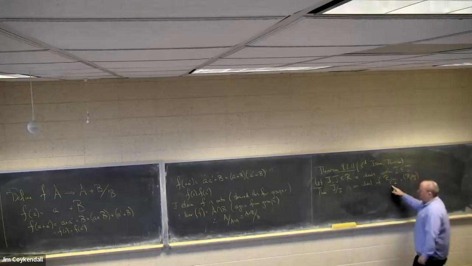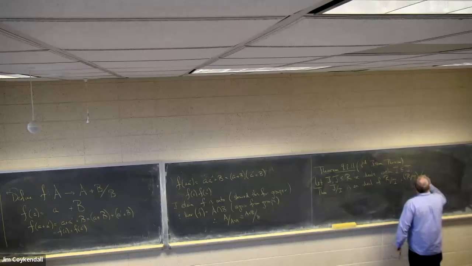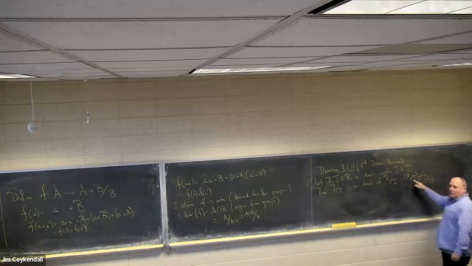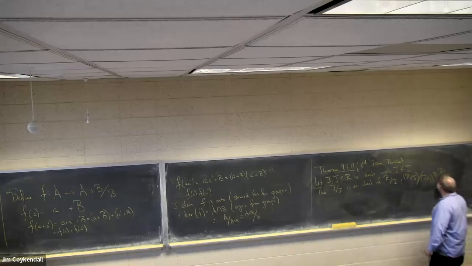This is a ring. This is an ideal in the ring. So this quotient is isomorphic to R mod J.